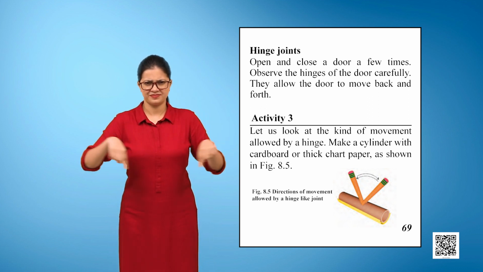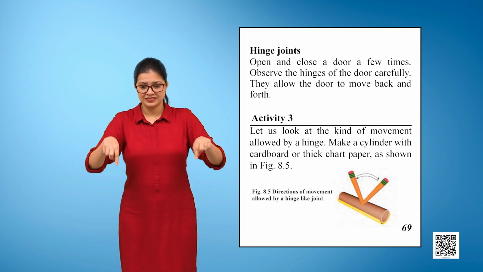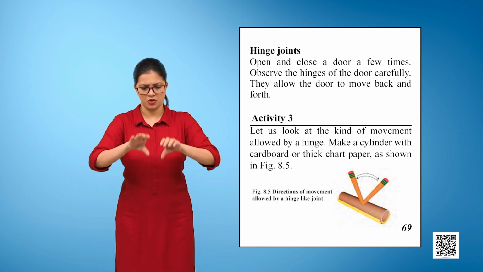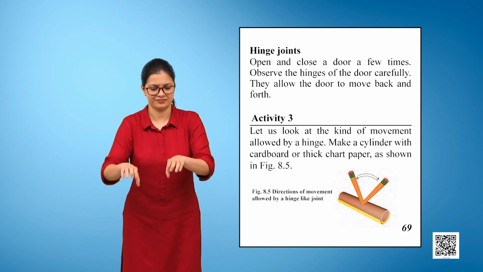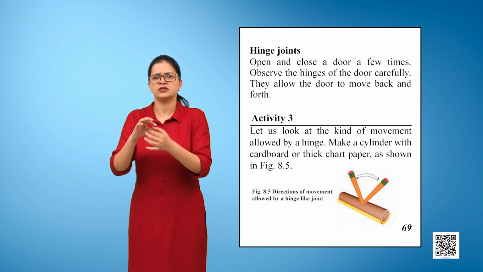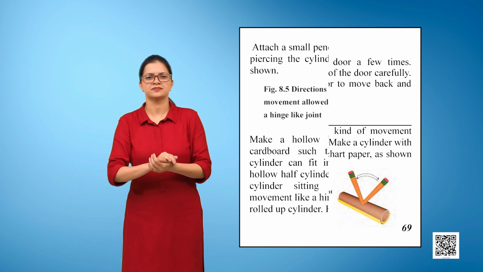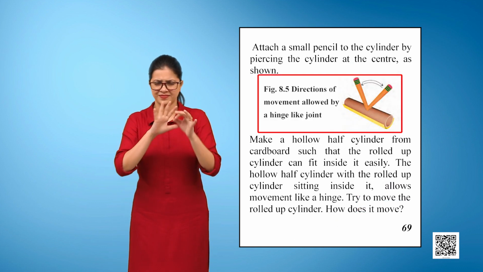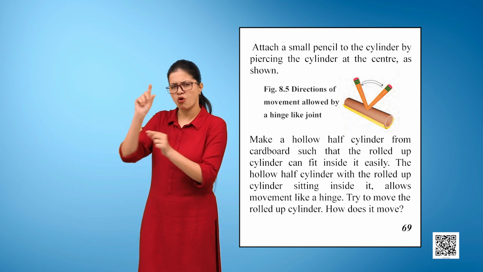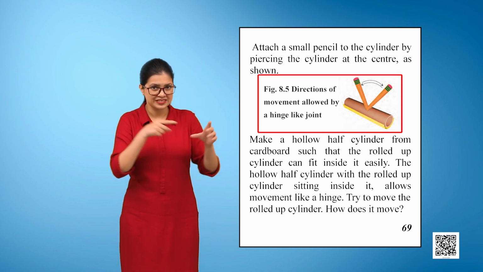Make a cylinder with cardboard or thick chart paper, as shown in figure 8.5. Attach a small pencil to the cylinder by piercing the cylinder at the center as shown.